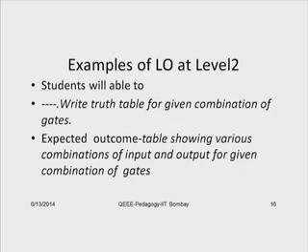Now a gate combination is given, and they will use the truth tables of the basic gates, integrate them, and come up with a comprehensive truth table for the given combination of gates. This is the expected outcome of the learning objective.